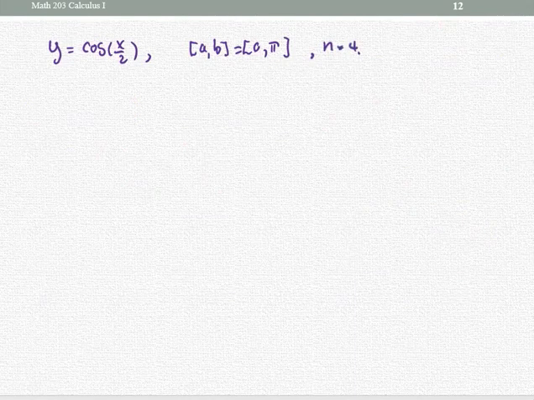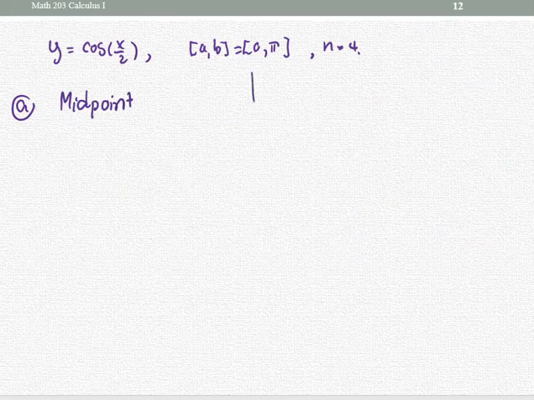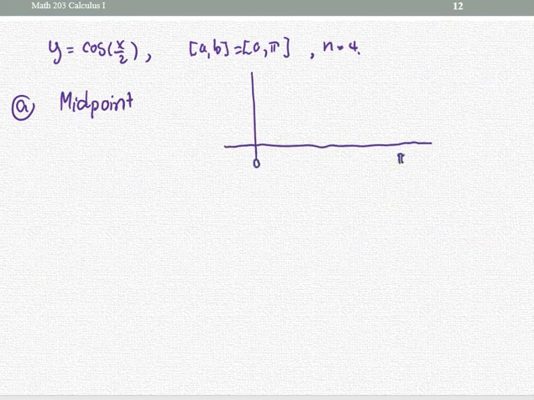For the first part, the midpoint, if you sketch the graph from 0 to pi, that's what we're working on.